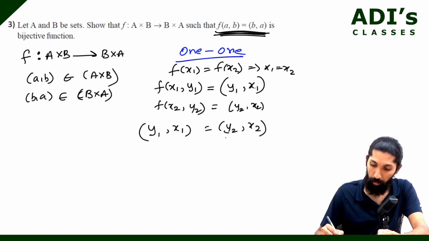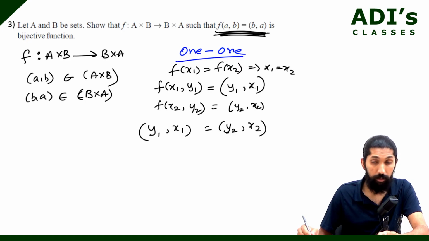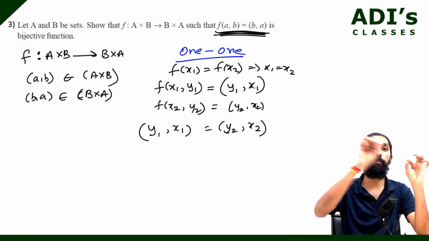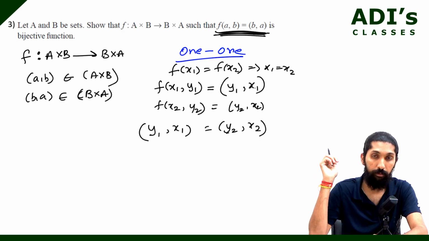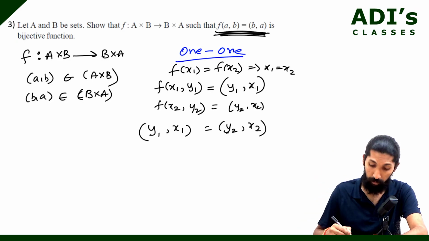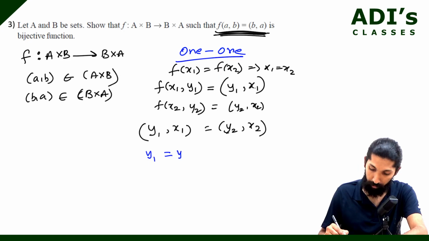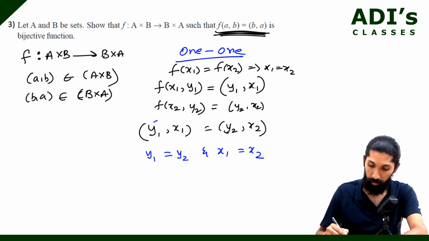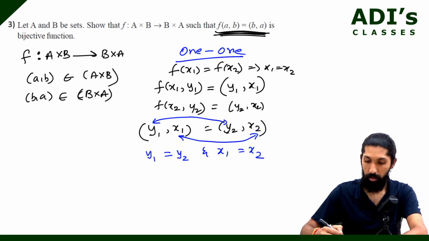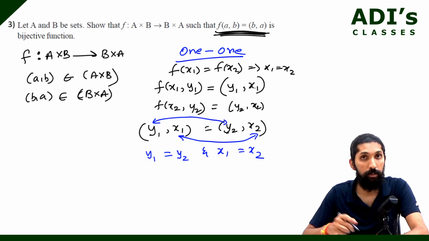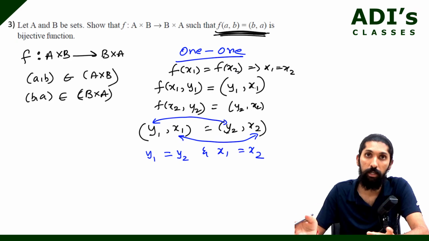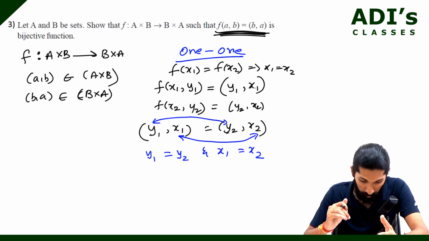Now remember, it's an ordered pair, isn't it? In an ordered pair, the particular values you have to match, or in other words, the particular values are equal, correct? So since this is an ordered pair, we can say that y1 is equal to y2 and x1 is equal to x2, isn't it? So y1 gets compared with this one and x1 gets compared with this one. So what do we get here? We are going to get 1 to 1 because both x1 is equal to x2 and y1 is equal to y2. Both are satisfied, isn't it? So the function f is 1 to 1.